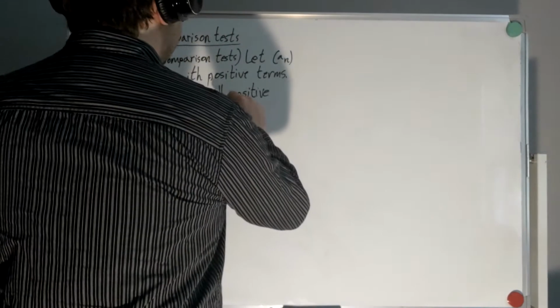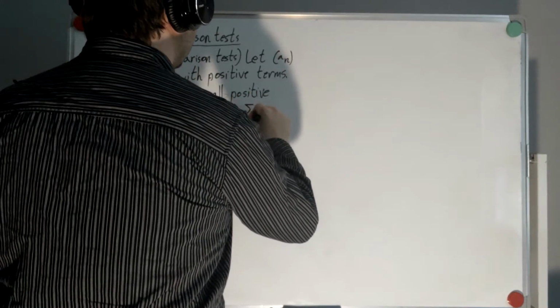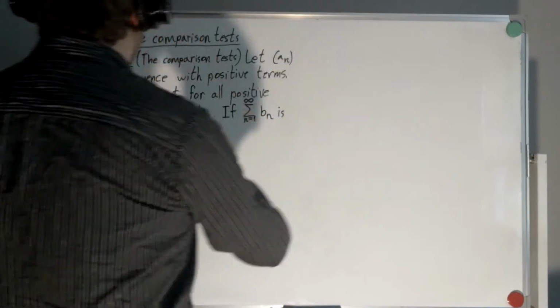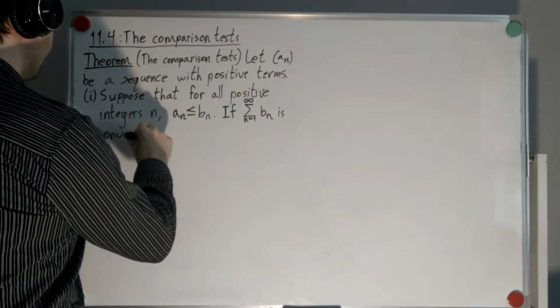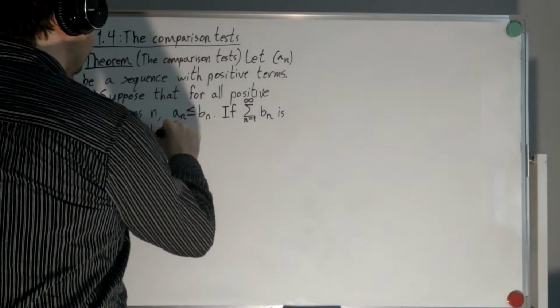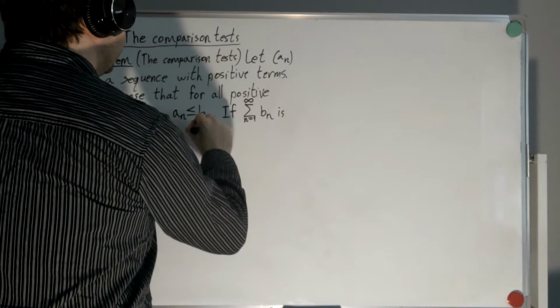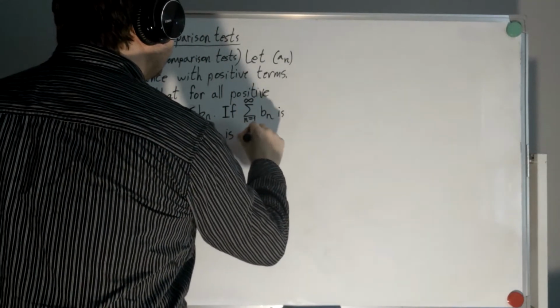So this part says this: if the sum from n equals 1 to infinity of bn is convergent, then the series sum from n equals 1 to infinity of an is also convergent.